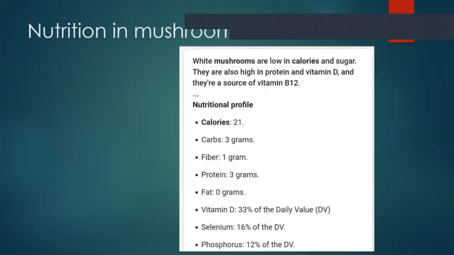Nutritional profile: calories 21, carbs 3 grams, fiber 1 gram, protein 3 grams, fat 0 grams, vitamin D 33%, selenium 16%, phosphorus 12%. These are the nutritional values of white mushrooms.